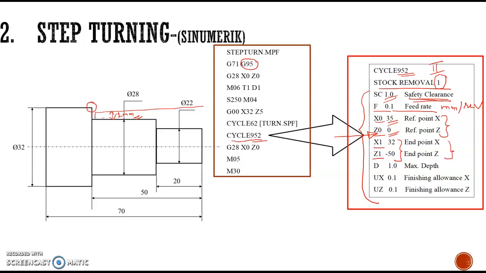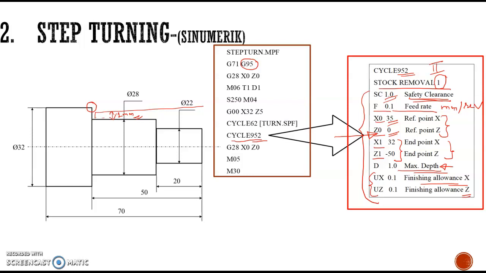Then D is the maximum depth. For a single cut, how much will the depth be? So the maximum depth we are specifying. The computer has the freedom to choose a depth between 0 and 1. Then UX and UZ are the finishing allowance in both the x-axis and z-axis.